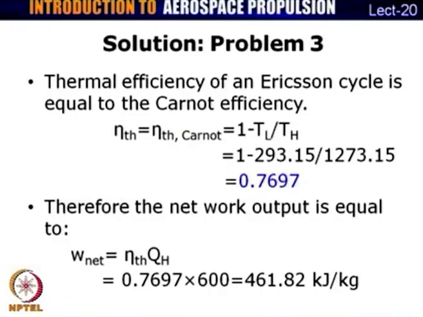So, that can be calculated as 461.82 kilojoules per kilogram. So, net work output is the product of the thermal efficiency and the heat input, that is 0.76797 times 600, which is 461.82 kilojoules per kilogram. And now we have calculated the net work output.